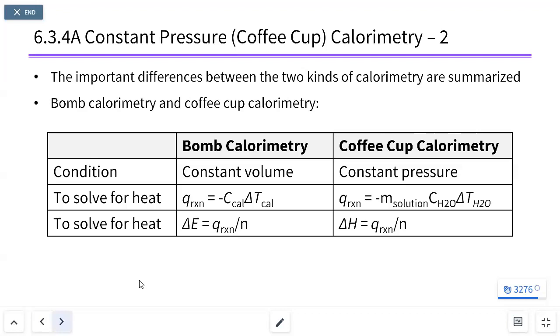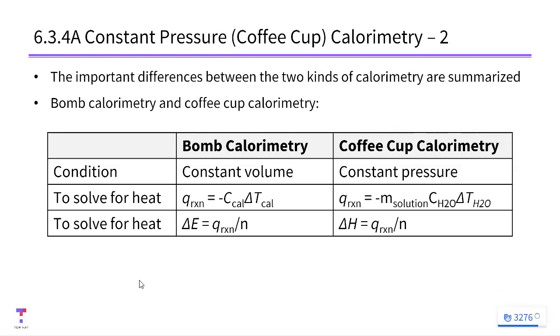Just kind of comparing the two here. The biggest difference between the two types of calorimeters is the conditions that we do, the way that we operate. Bomb calorimetry is done at constant volume. Coffee cup calorimetry is done at constant pressure.